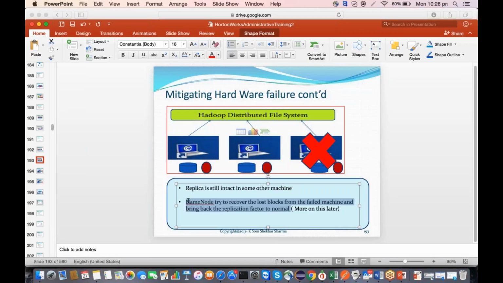The major responsibility of the name node is to keep the replication factor at a normal level. We'll talk about this particular bit very soon.